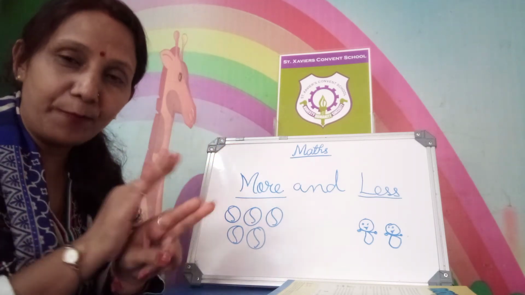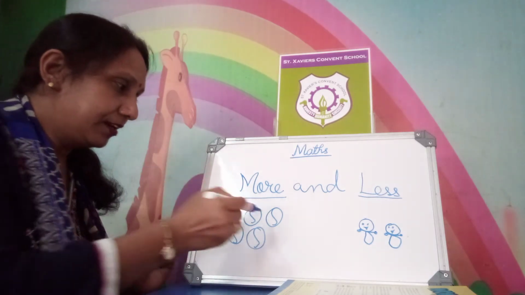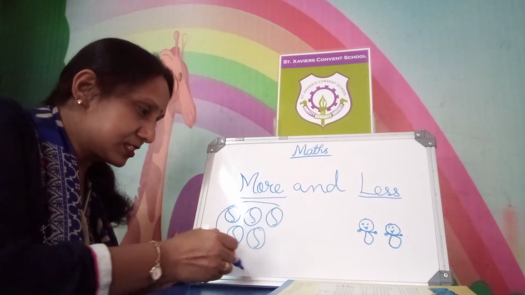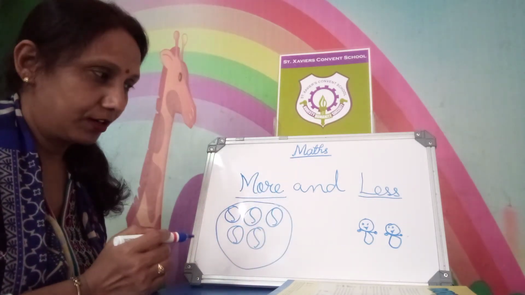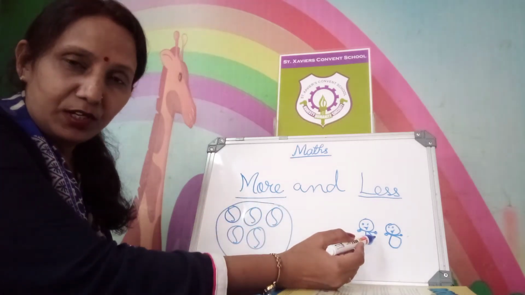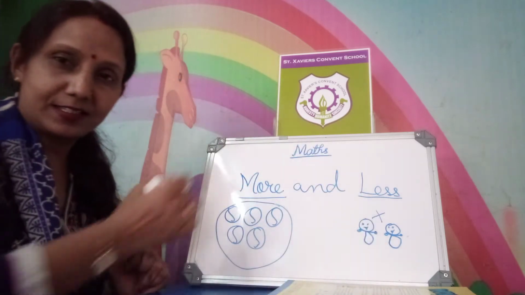If you just compare, then circle these balls, that one is more. And this one you have to cross because this one is less. Alright.